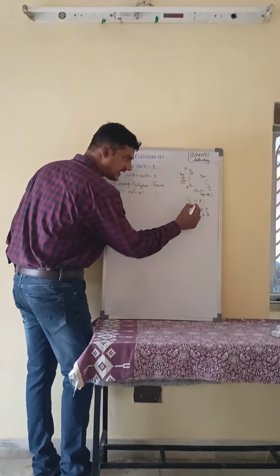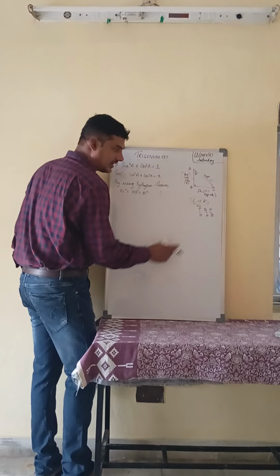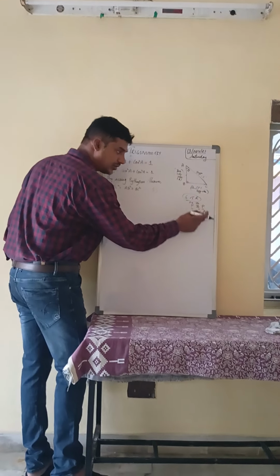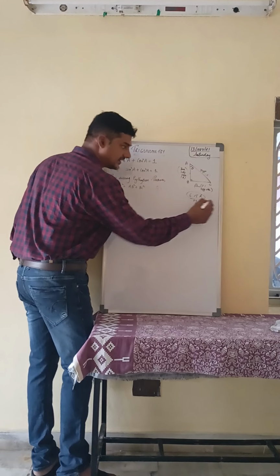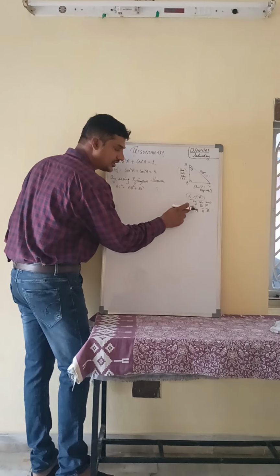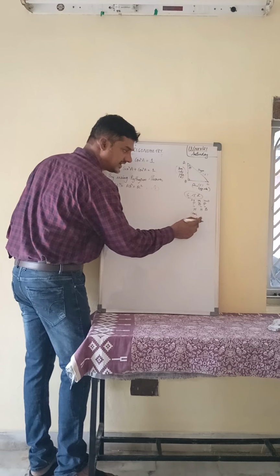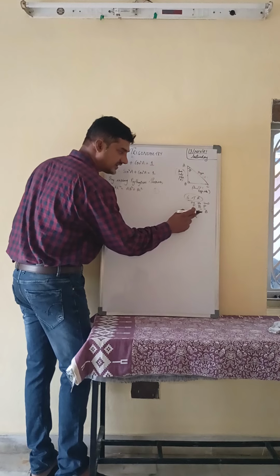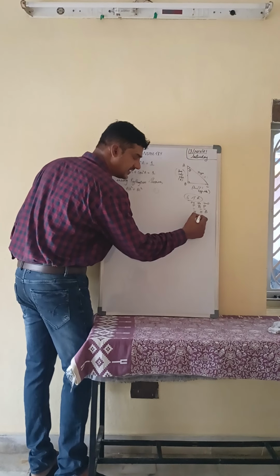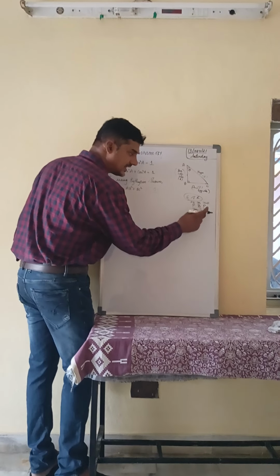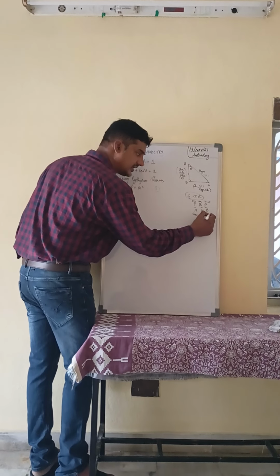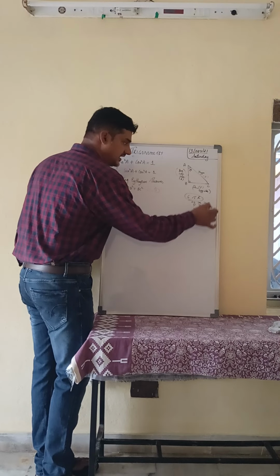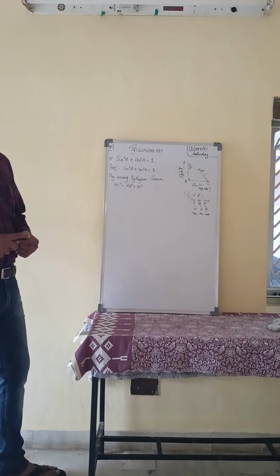So perpendicular by hypotenuse is sin theta, base by hypotenuse is cos theta, perpendicular by base is tan theta, and the reciprocals: hypotenuse by perpendicular is cosecant theta, hypotenuse by base is secant theta, base by perpendicular is cot theta. By a small mantra, we can remember all the 6 trigonometric ratios easily.